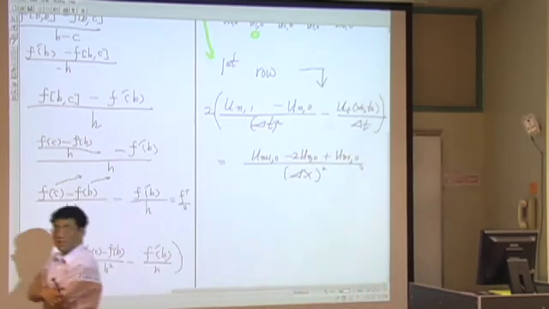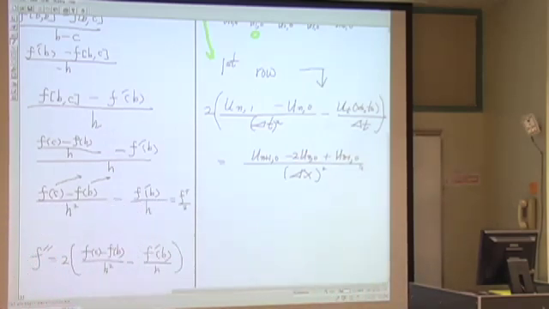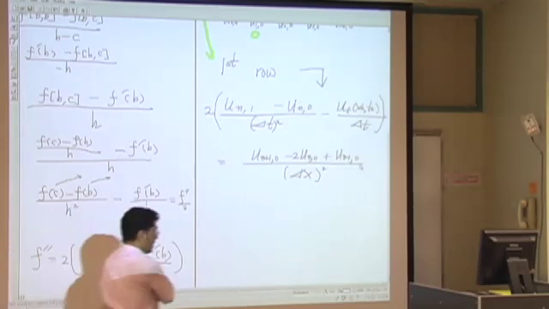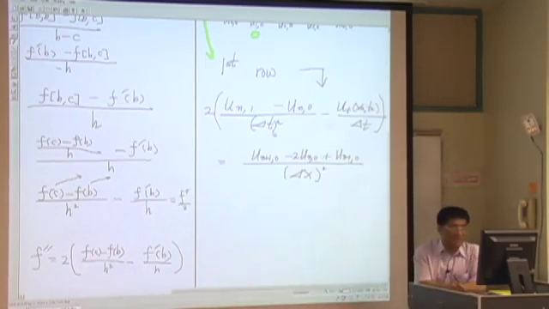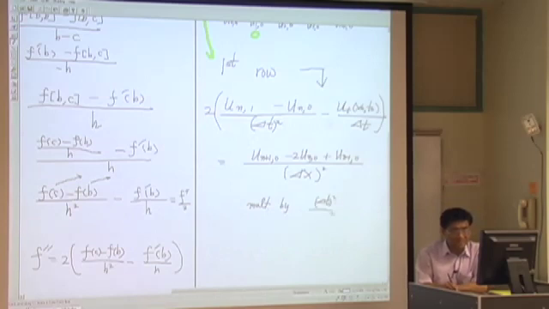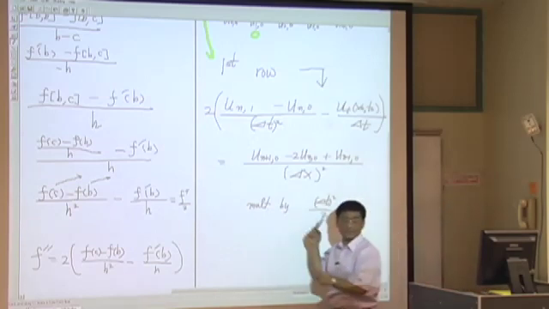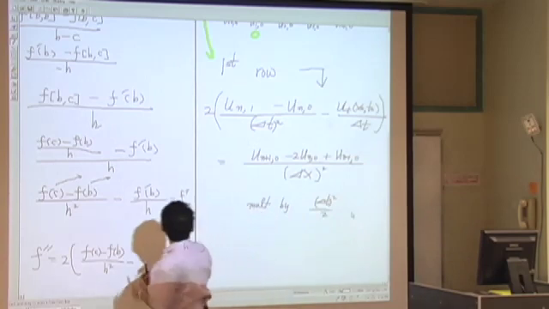I wrote down the relation, and I will even provide you with the first row formula. Then I can multiply both sides by this to simplify the relation.